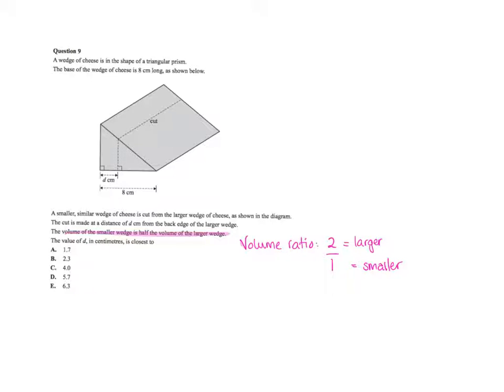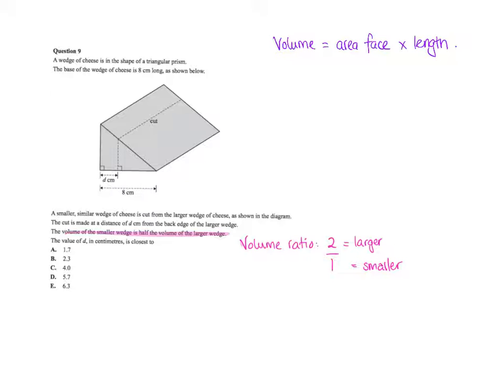If you think about the volume of a shape, the volume of a shape is always the area of the face times the length. So we're going to think about that.